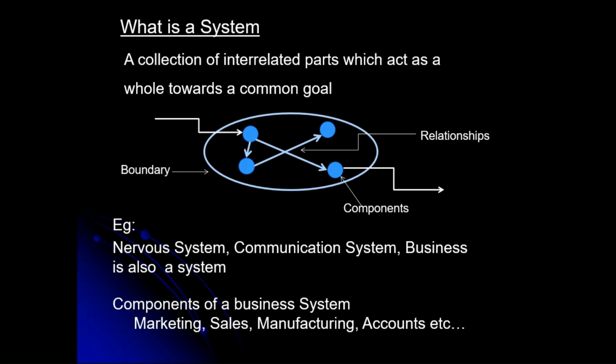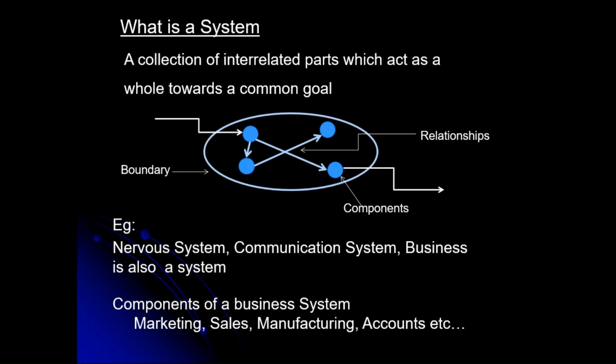There are many systems within our body, outside our body, everywhere. For example, the nervous system, communication systems, and a business is also considered a system. Each and every system has its own objective to be achieved and its own interrelated set of components. Now why do we call a business a system?